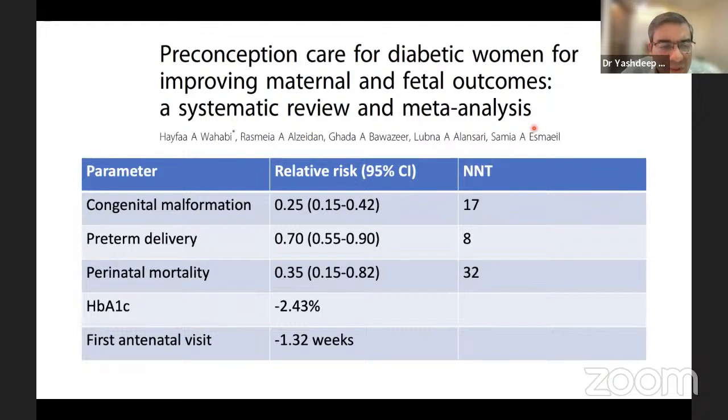Women who seek preconception care have better glycemic control, nearly 2.4% lower A1C compared to women who don't seek preconception care, and they report early in the pregnancy, giving more chances to optimize pregnancy outcomes early during the antenatal period.